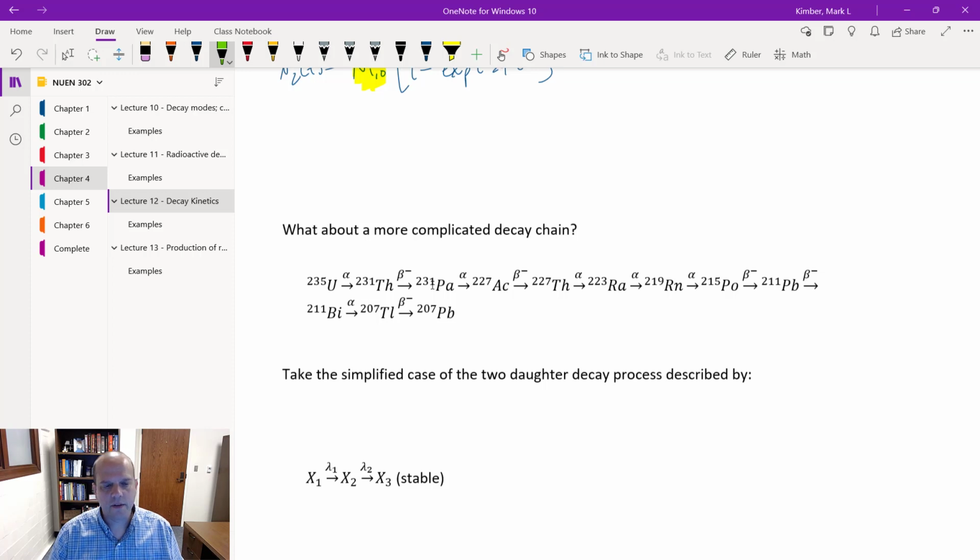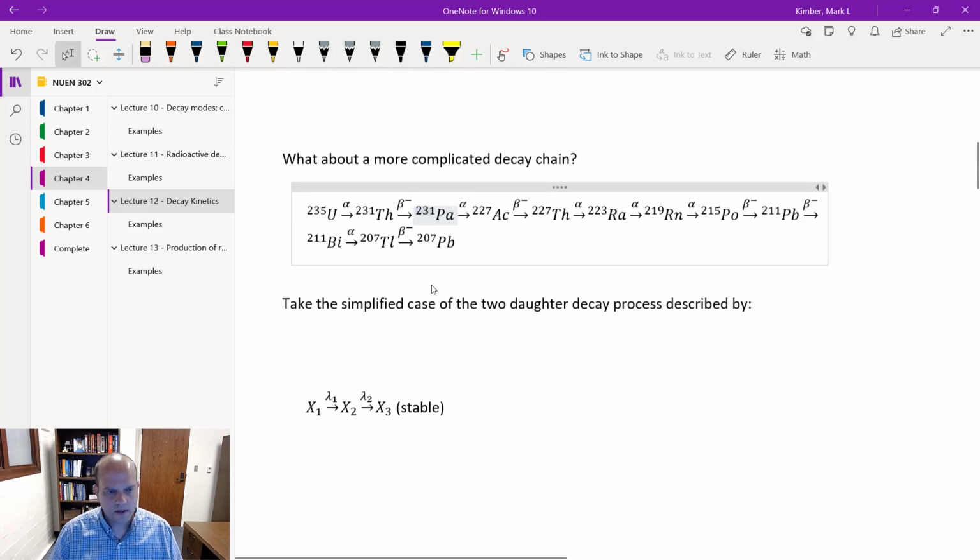Although this says stable, there are different scenarios where we can approximate that as being stable. But this is a more simplified case where we've got 2 daughter decay processes, and we've got 2 lambdas, and eventually we reach that third, x3, which then becomes stable.